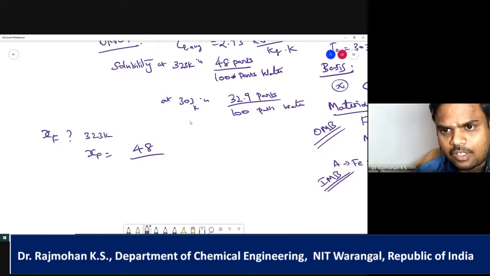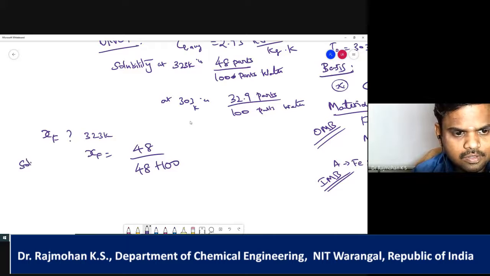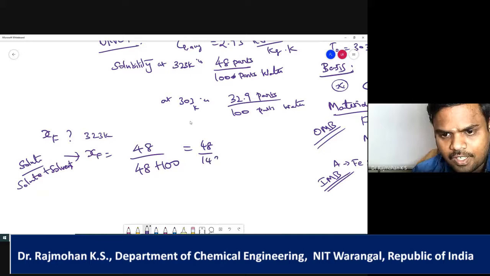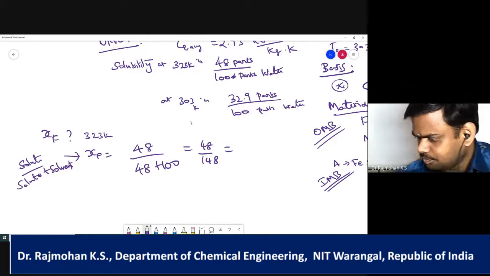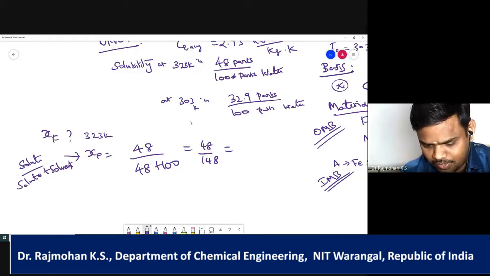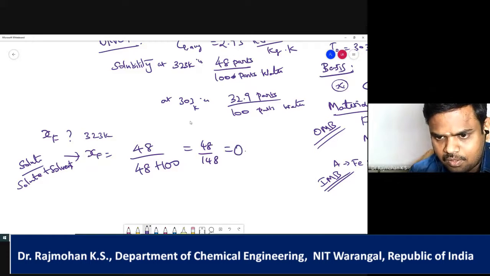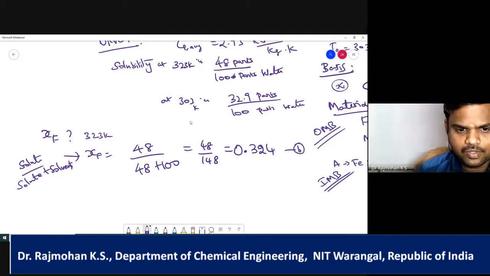The denominator should be solute plus solvent, so it should be 48 plus 100. I'll say again, solute by solute plus solvent is mole fraction. So we have 48 by 148. What is the value? We get 0.324 as the value of XF.